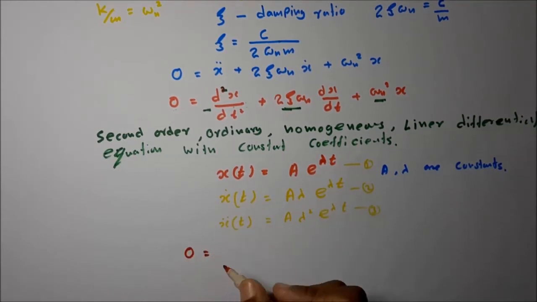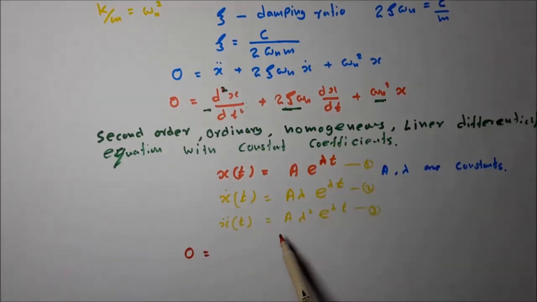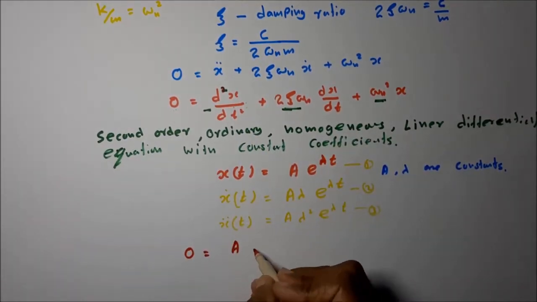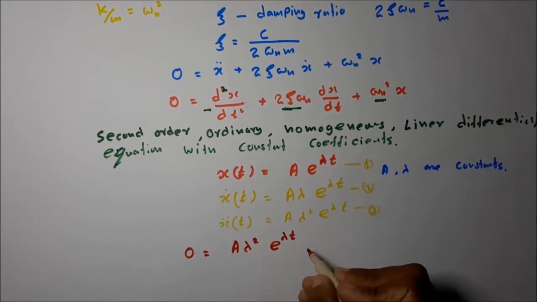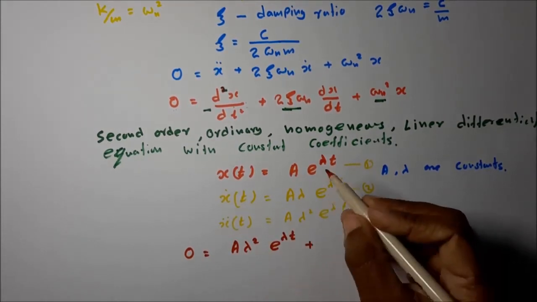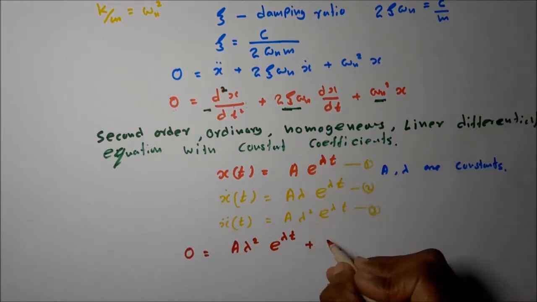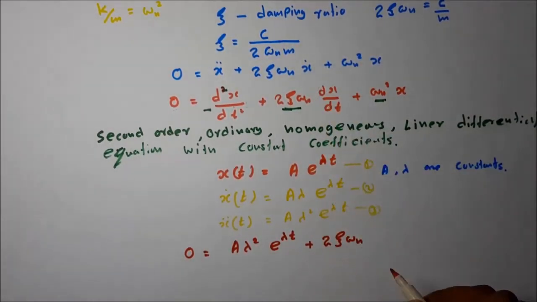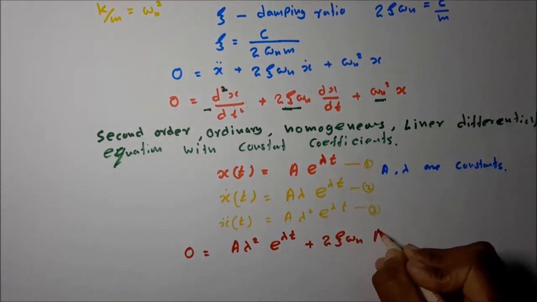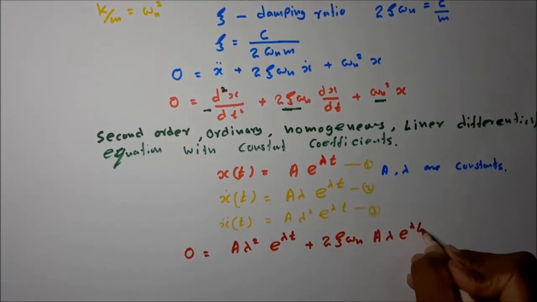Then we have 0 is equal to the x double dot, a lambda square e^(lambda t), plus 2 zeta omega n into x dot. What is x dot? A lambda e^(lambda t).